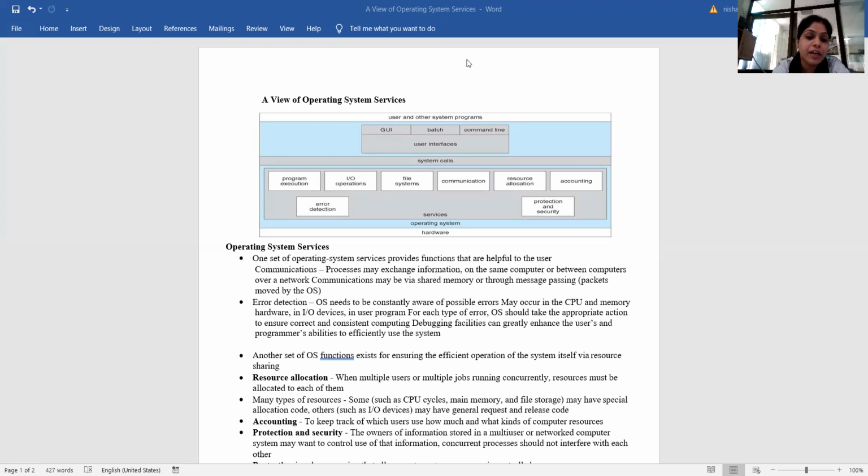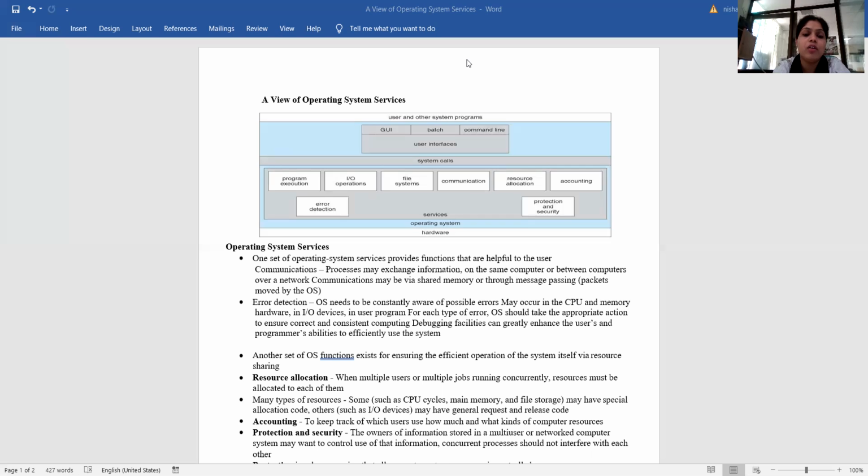Error detection: the operating system needs to be constantly aware of possible errors that may occur in the CPU and memory hardware, in input output devices, and in user programs. For each type of error, the operating system should take the appropriate action to ensure correct and consistent computing. Debugging facilities can greatly enhance the user's and the programmer's ability to use the system efficiently.